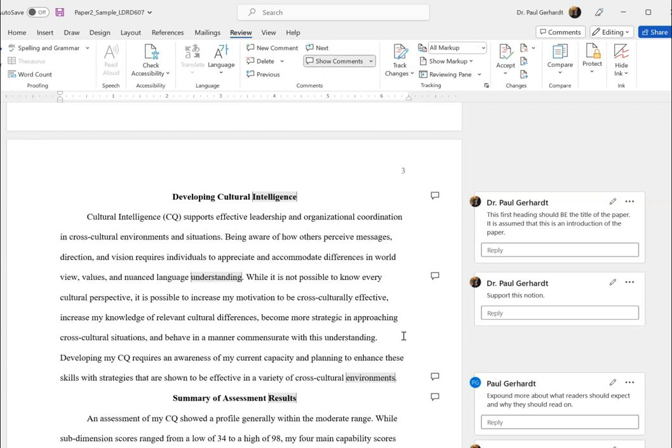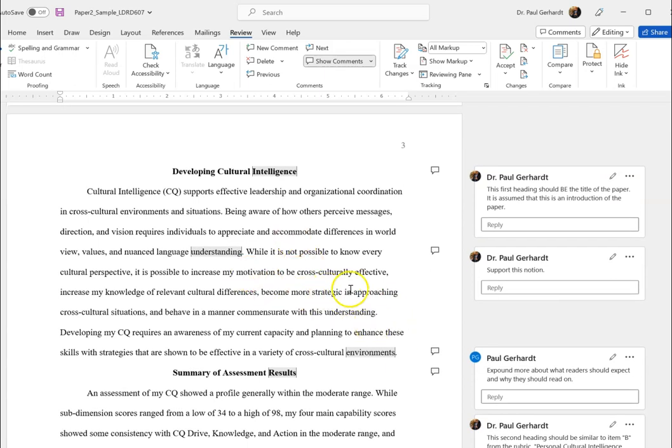So this paper emphasizes or explores my cultural intelligence results and gives examples supported by the literature on how to grow each of the 4 major dimensions of cultural intelligence. So tell people what the paper is about and give them a reason to be motivated to read on.